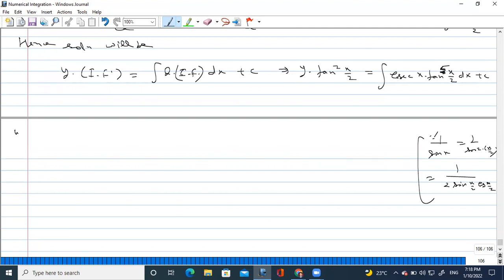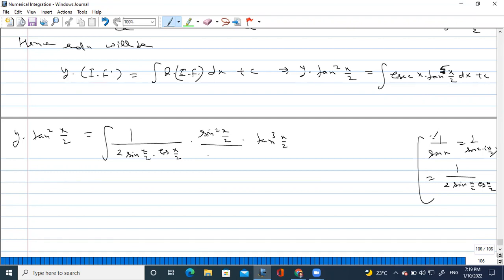So it will become y into tan square x by 2 will be equal to the integral of 1 upon 2 sine x by 2 into cos x by 2. So what I will do, this tan cube x by 2 I will keep separate, and tan square x by 2, that I will write as sine square x by 2 divided by cos square x by 2.